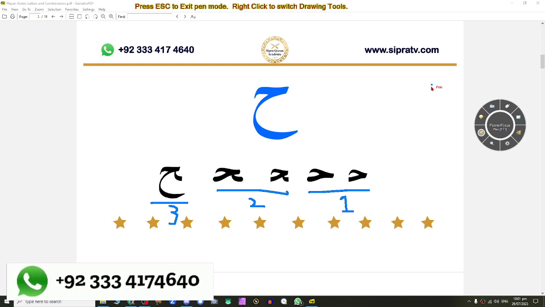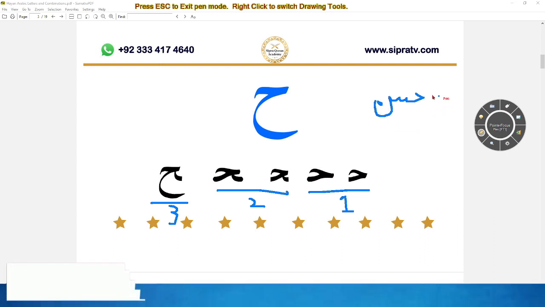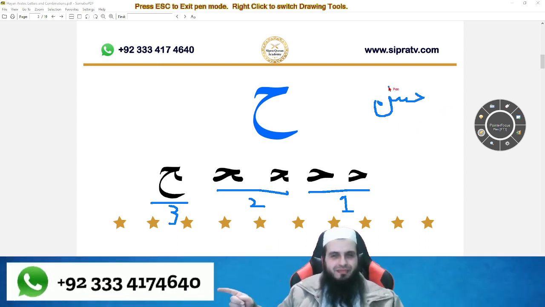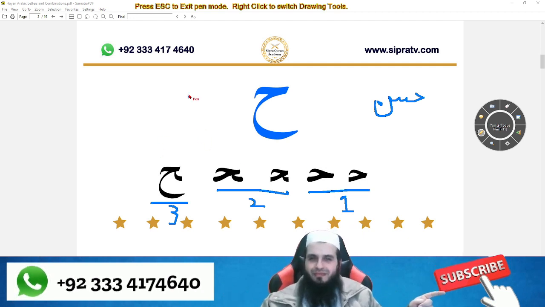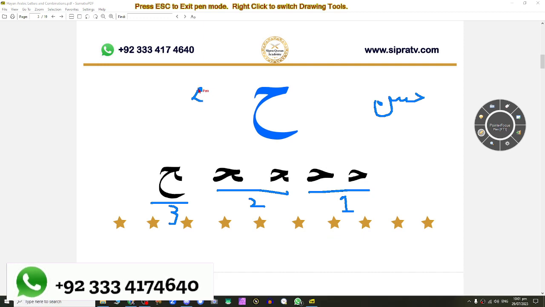So for example, if we write this word hasin, this will be ha, the 3 spikes of seen, and then this big noon. Similarly, if it comes in the middle, let's write it like this. This will be the meme and ha and maybe noon again.